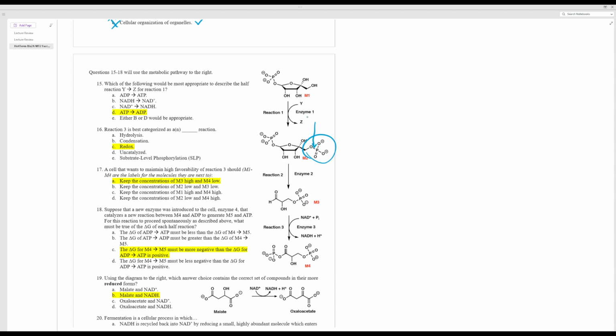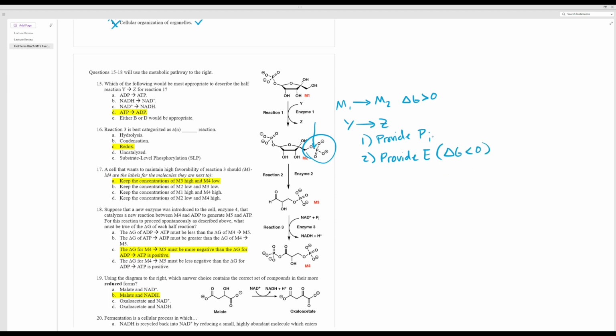Well, that energy must have come from somewhere, because going from no phosphate group to a phosphate group, we know that M1 to M2 is endergonic, right? We're adding a phosphate group on. We know that requires energy. So that means Y to Z has to, 1, provide a phosphate group to be attached, and 2, provide the energy to do so, meaning that its delta G needs to be less than 0.